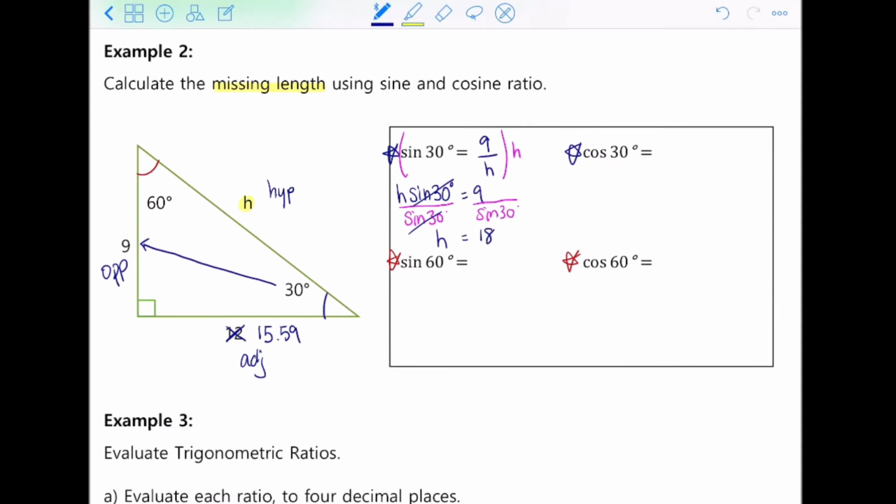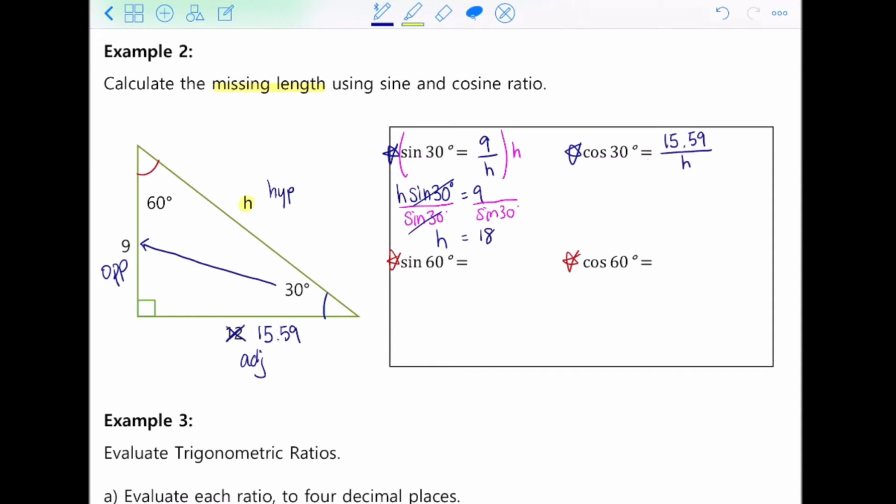Now moving on to cos of 30 degrees. The cos ratio is adjacent over hypotenuse. So the adjacent side is actually 15.59 over the hypotenuse, which is little h we're looking for. I'll remove this and replace it right here.